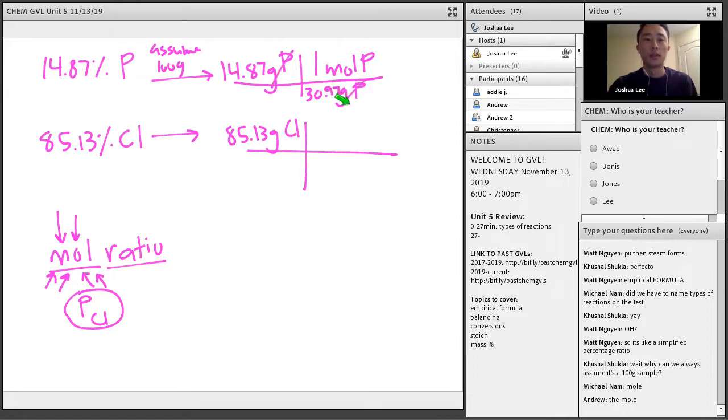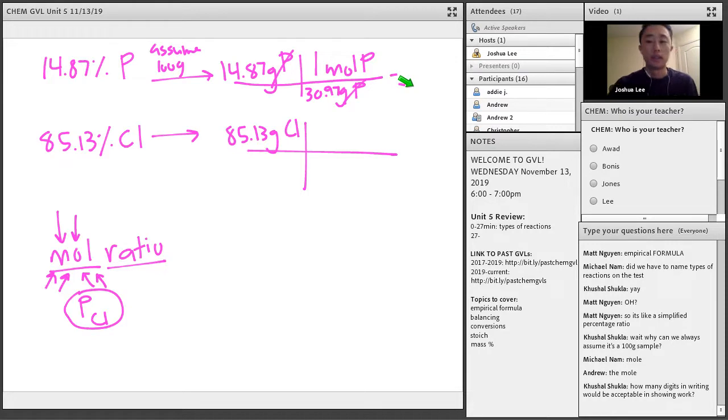Grams of phosphorus cancels out. This becomes 14.87 divided by 30.97. Let's store that in a variable, like A. You just say, oh, I stored this in A.